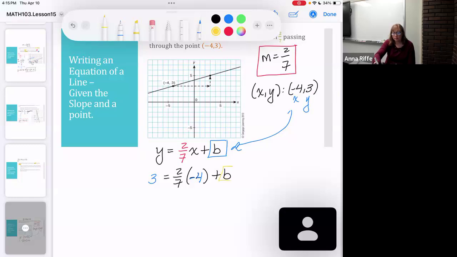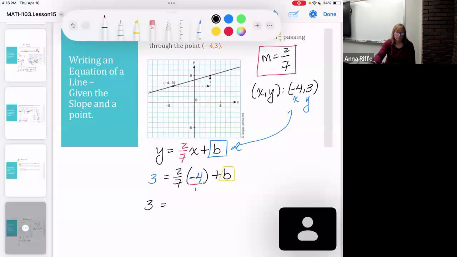We can isolate b using solving processes from the test 2 material. I'm going to start by noting that I have multiplication here, parentheses. So I'm going to deal with the parentheses first. 3 is equal to, oh gosh, your calculator can handle this, but just to walk through it, I will go ahead and show how to do it because we've talked a bit about fractions. -4 is -4/1.